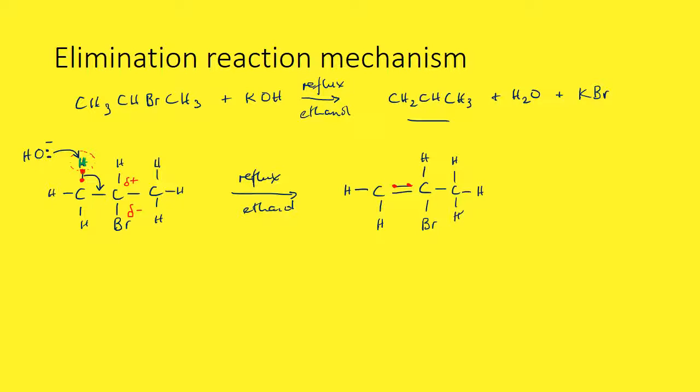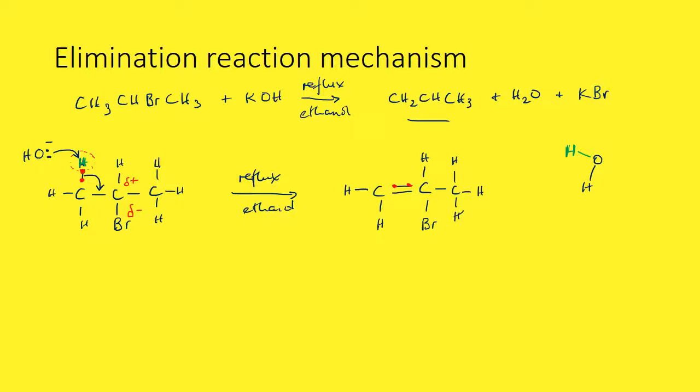And that hydrogen makes its way and bonds with the hydroxide ion that I've drawn in dark blue there to make a water molecule. So that's the steps that we've done so far.